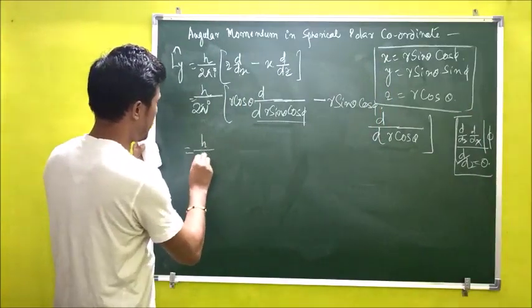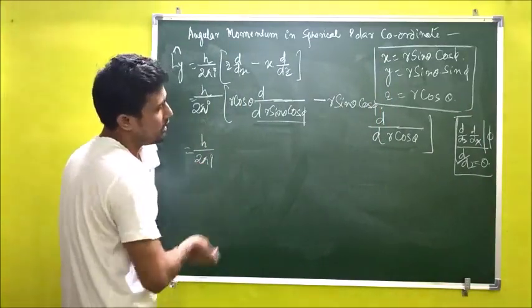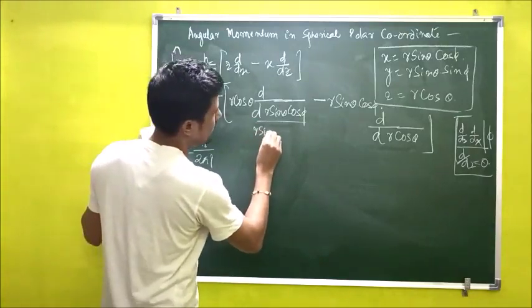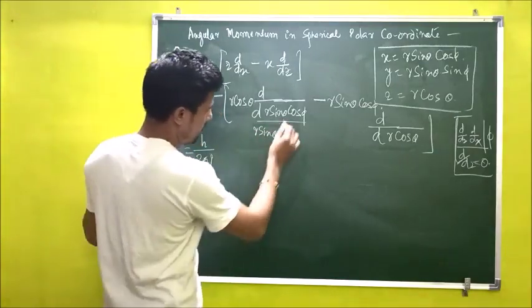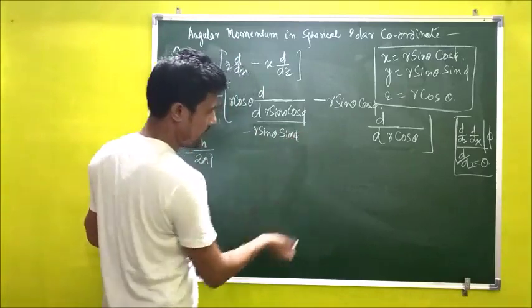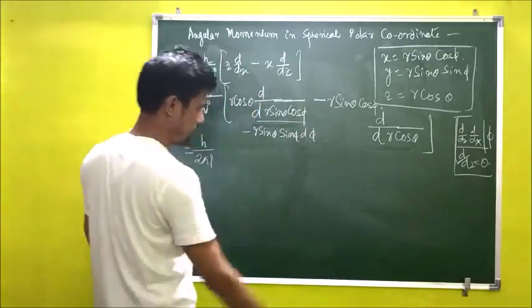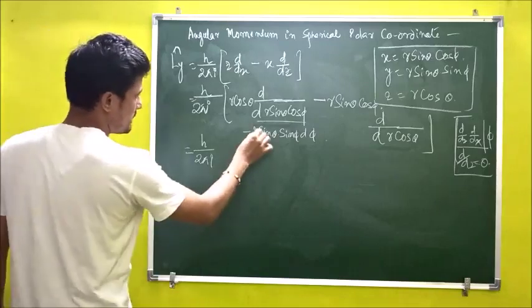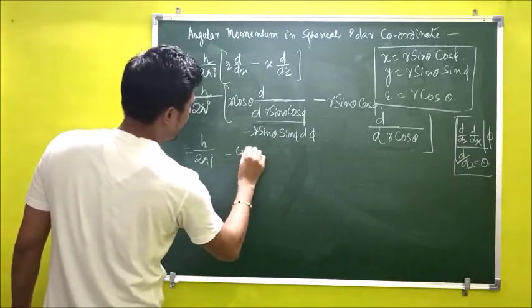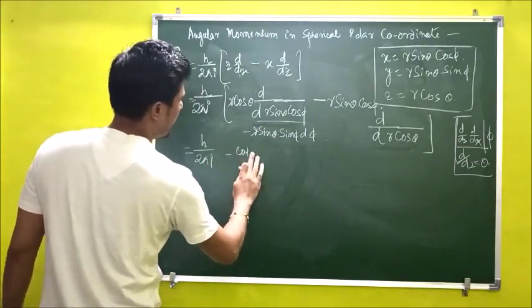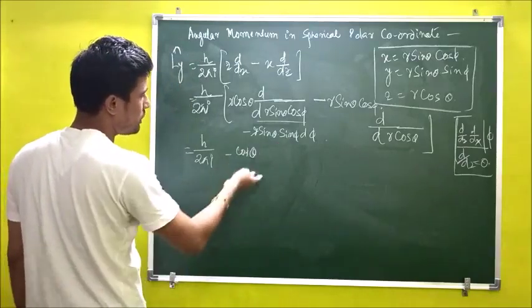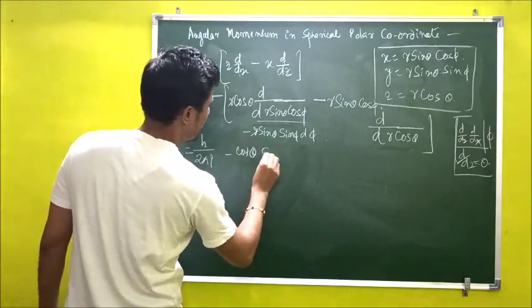So h by twice pi i. If you derive this by phi, then what we will get? r of sin theta and minus of sin of phi into d phi. So this r will cancel out. Cos theta divided by sin theta is cot of theta, with minus. This sin phi will be in the denominator; it should go up to the numerator.